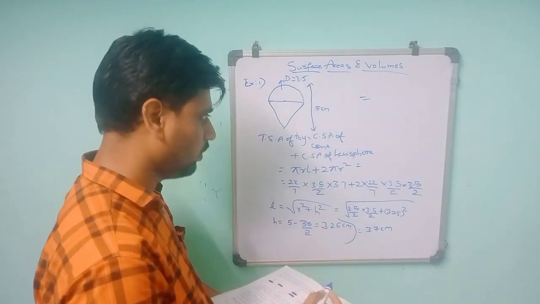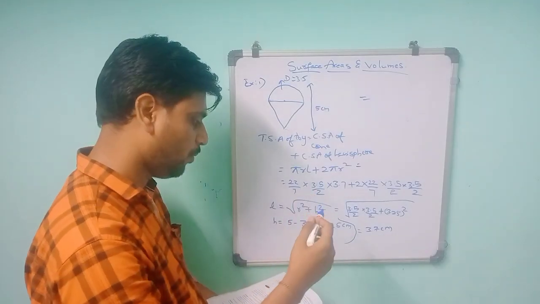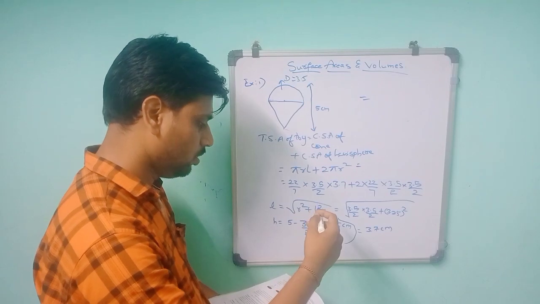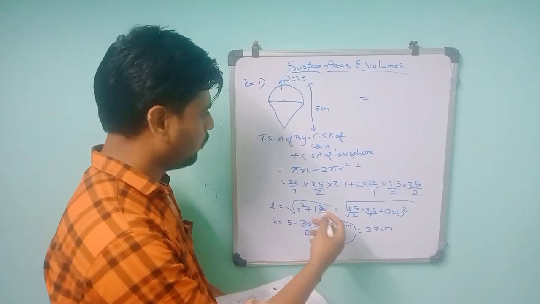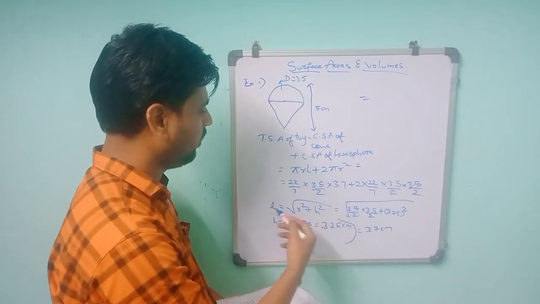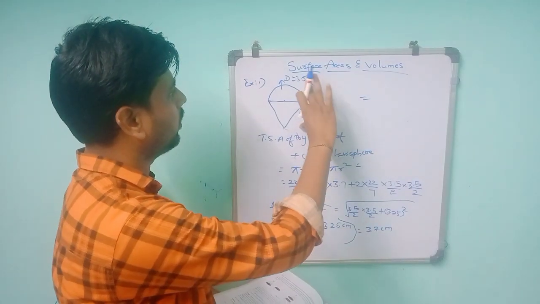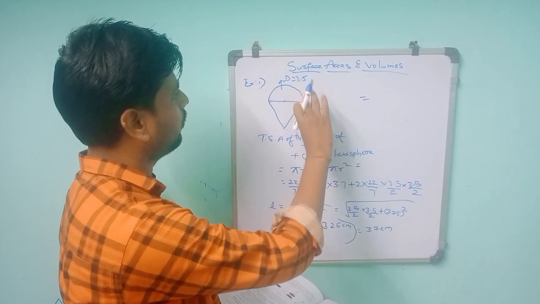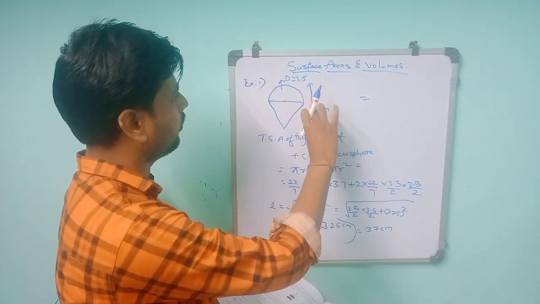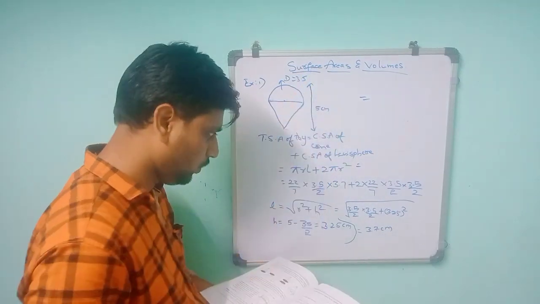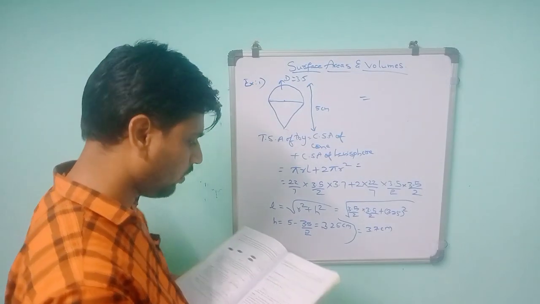Then 22 by 7 into 3.5 by 2 into 3.7. 3.7 is nothing but the l value. So h is this height. The total height is 5 centimeter, but we have taken only the height of the cone, so it will be 5 minus 3.5 by 2. So you got the answer.